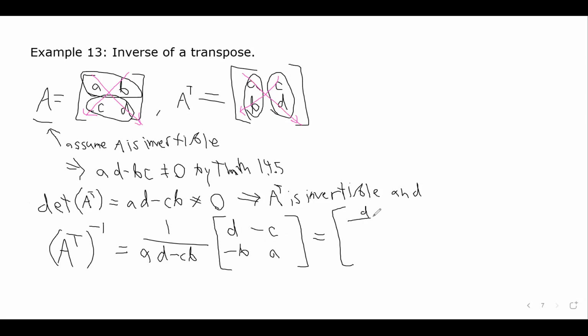So you get D over AD minus BC, negative C over AD minus BC, negative B over AD minus BC, and A over AD minus BC.